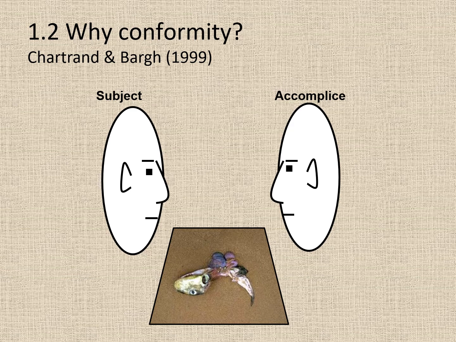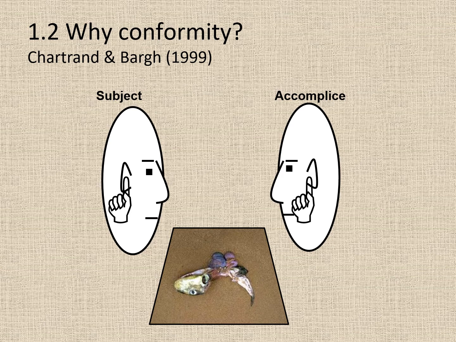What the subject doesn't know is that sometimes the accomplice, while they're interacting, imitates him or her. So if the subject has some kind of tic, he sits and pokes himself in the air, for instance, then the accomplice imitates this and sits and pokes himself in the air also.